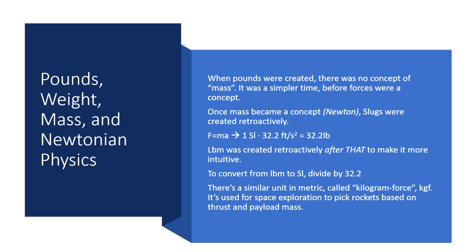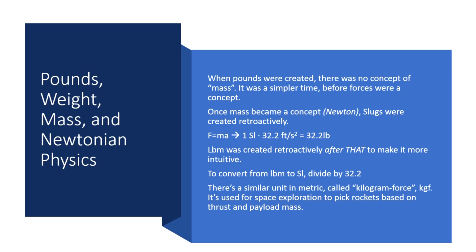So back before the metric system, most systems just considered how heavy something was. No one thought of making a distinction between mass and weight. But once Newtonian physics came around and we started understanding that mass is a significant contributor, that's when slugs were created retroactively in the Old English system.